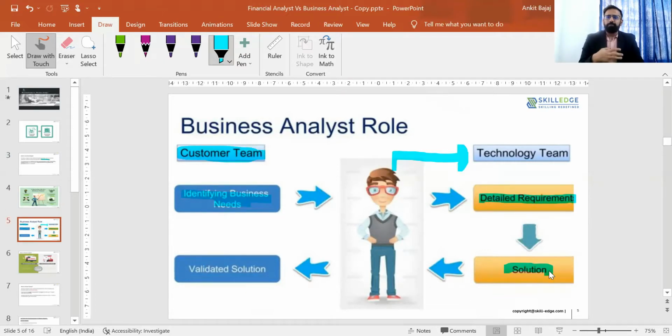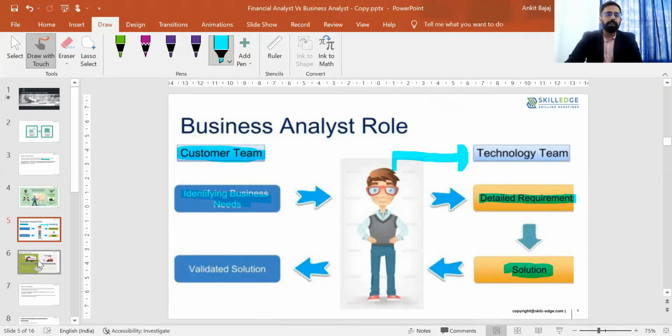Once they know that, they make the changes and provide the solution, and after that management will validate the solutions. Management means the director of the company, managing director, or maybe the CEO or CFO, right? This is the basic work of a business analyst.